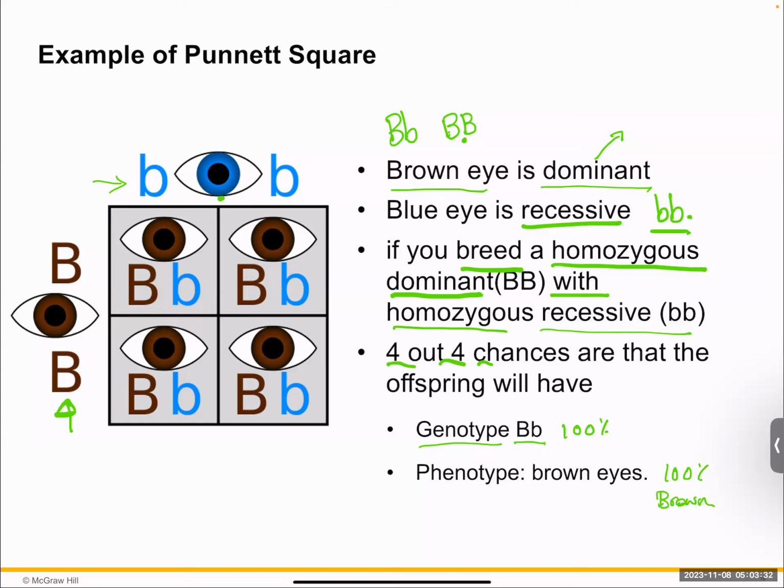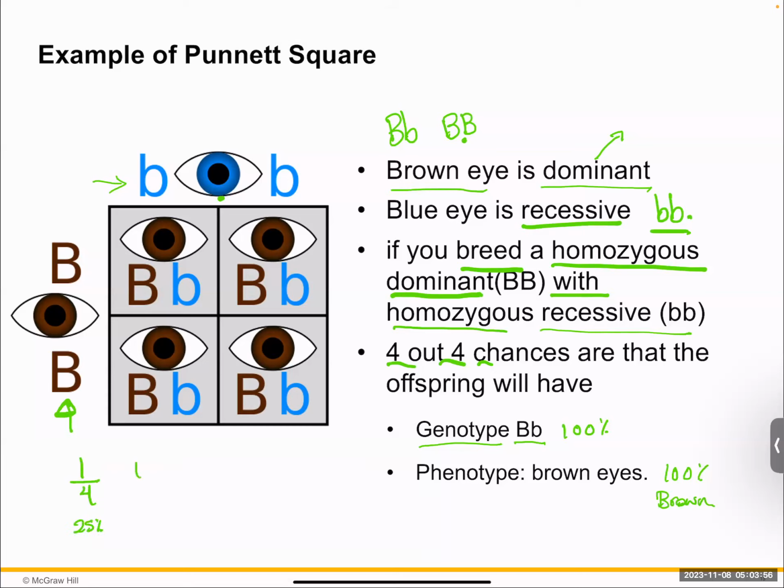4 out of 4 versus 100%. And for those who might be struggling with the statistics and converting percentage to actual data, this is what we're looking at: 1/4 is the same thing as 25%.